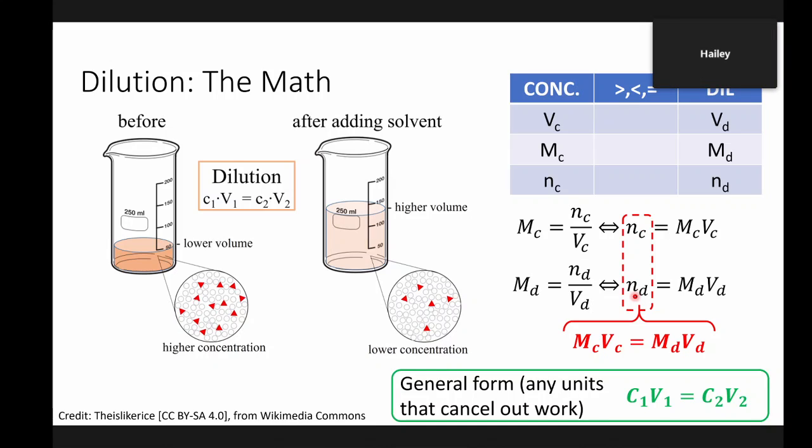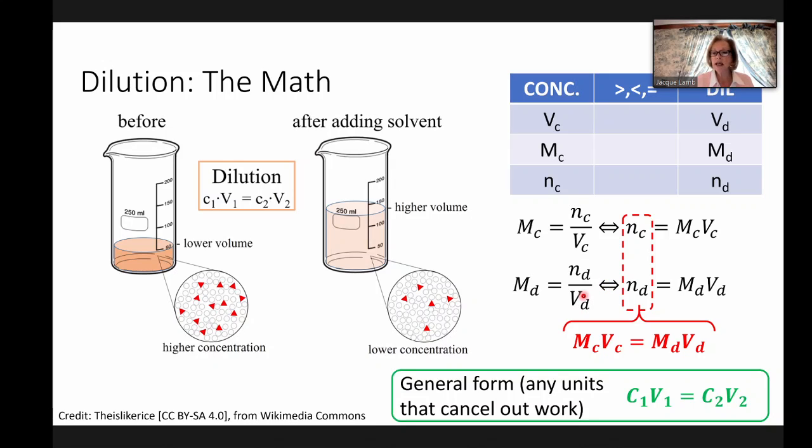Excuse me. Yes. So you said that the molarity equals the number of moles divided by the volume, and then the molarity times the volume equals the number of moles. But what did you say the dilution was? A dilution is when you take an aliquot from your concentrated solution, you're removing a certain number of moles of that solute, and now you're adding solvent to it.